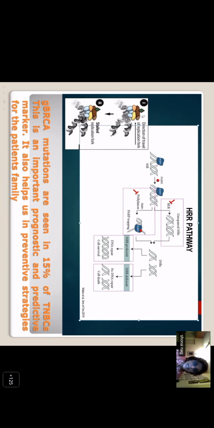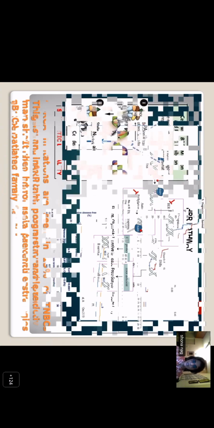On the left-hand side, you can see this is the PARP complex, which is attached. The PARP inhibitor is trapping the PARP enzyme and its complex onto the DNA. The replication fork is coming, but it gets stalled. And this then degenerates into a double strand break. So BRCA mutations, germline, are seen in 15% of triple negatives, and it's a very important prognostic and predictive marker.